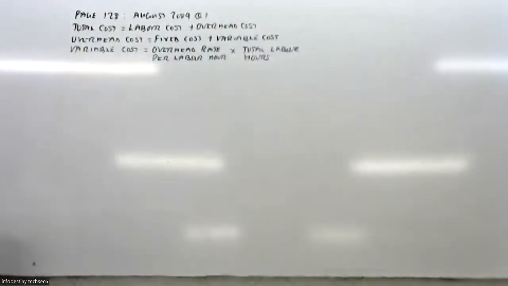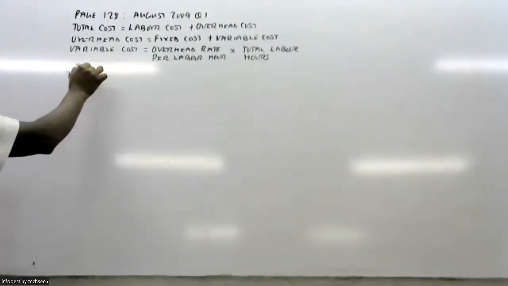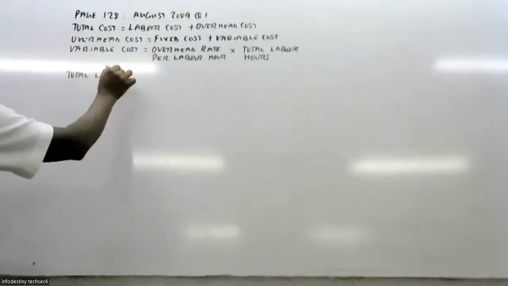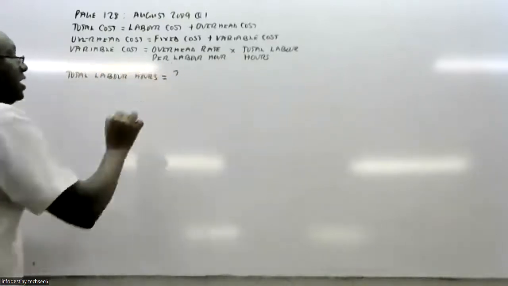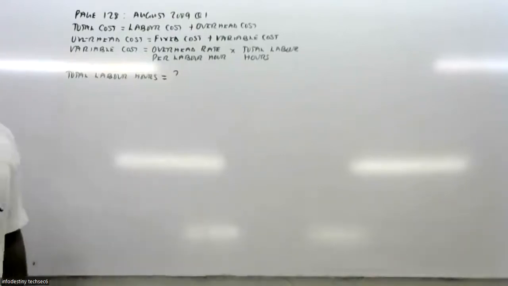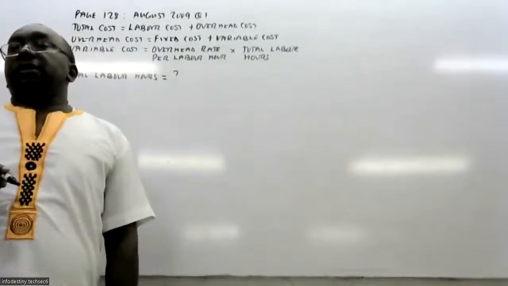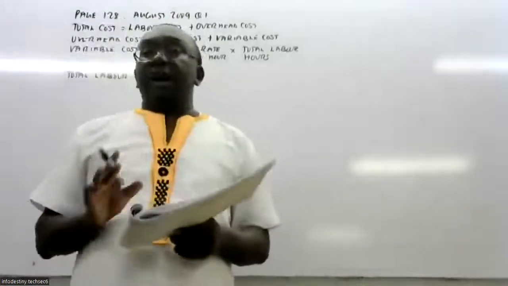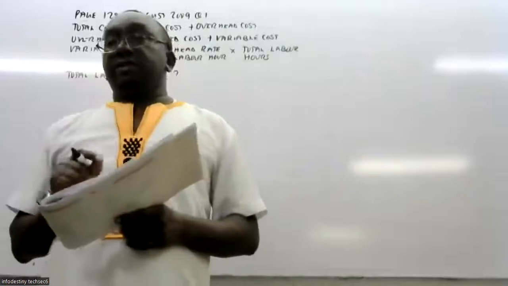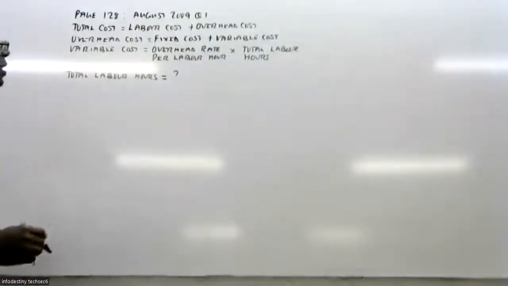Now, how do we get the total labor hours? We need to know, are we given total labor hours? Looking at this question, they are not given, so we put a question mark. The 120,000 that we have been given is for the whole year. It is not for the 600 units. So we need to know how to get this.